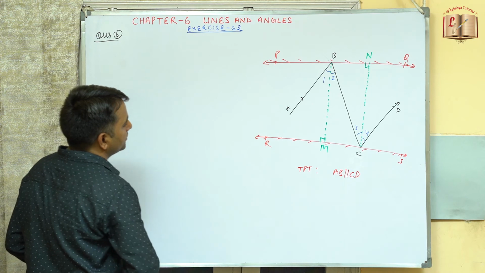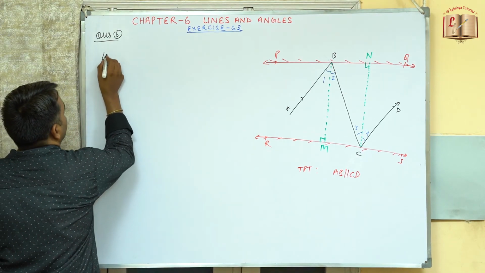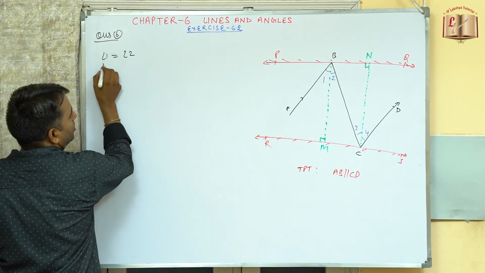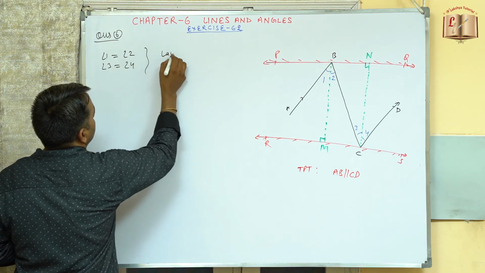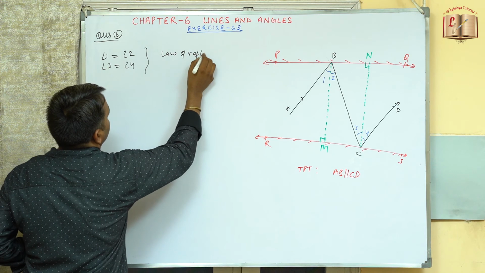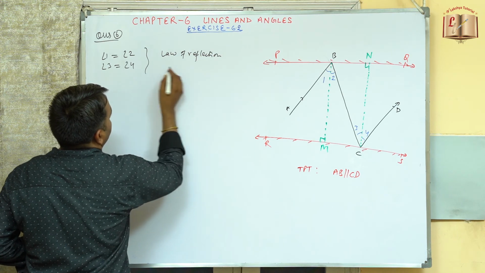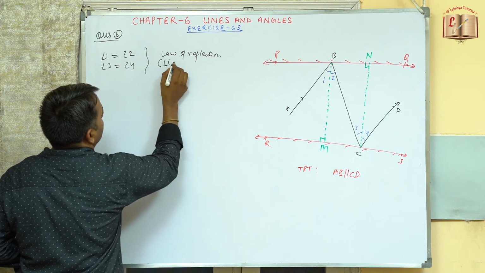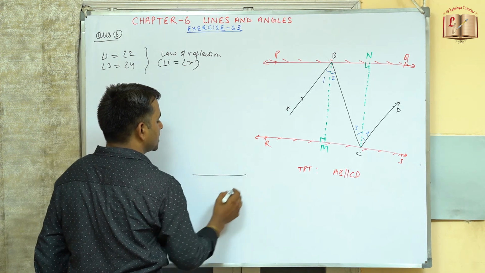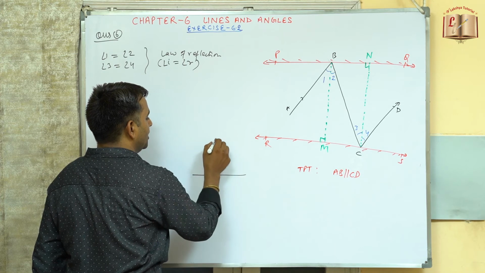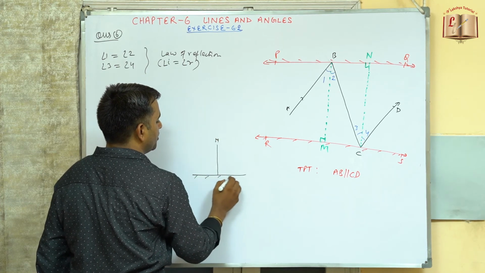Now see that angle 1 is equal to angle 2 and angle 3 is equal to angle 4. This is the law of reflection. The law of reflection means angle of incidence is equal to angle of reflection. If this is a surface and this is a normal to this surface, this is a mirror.